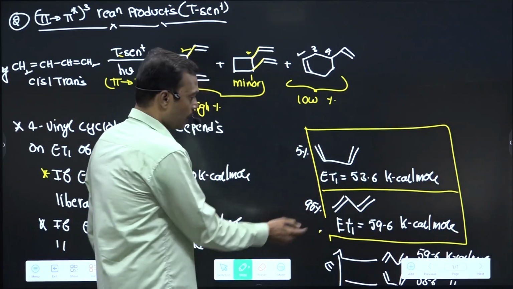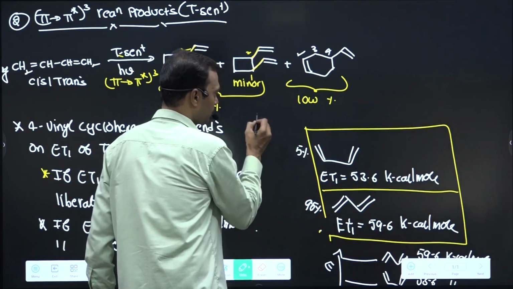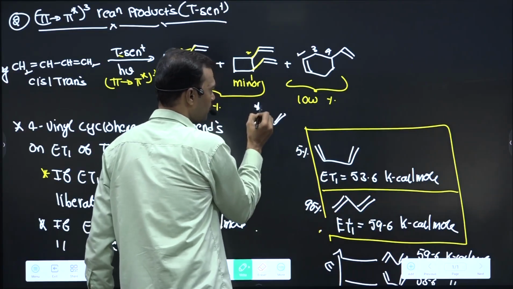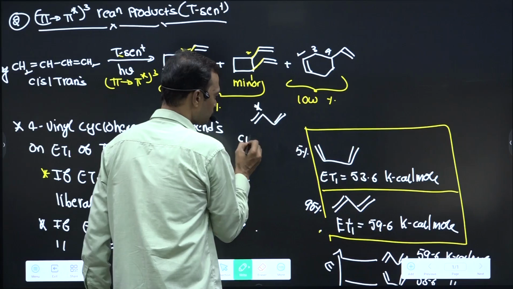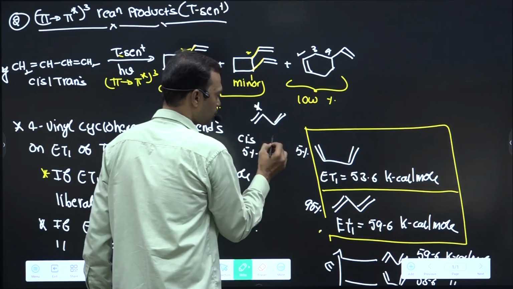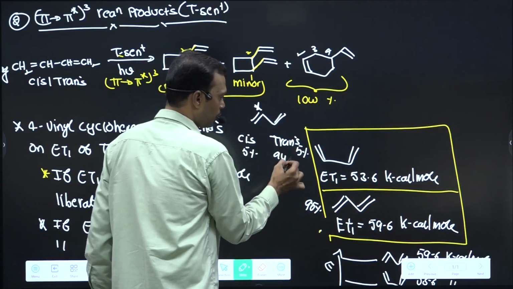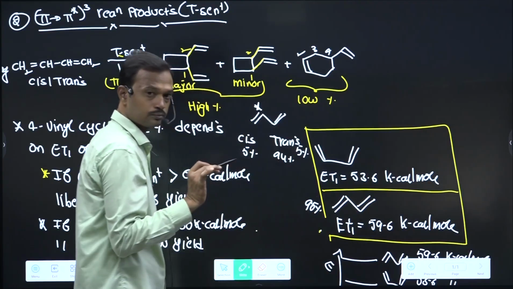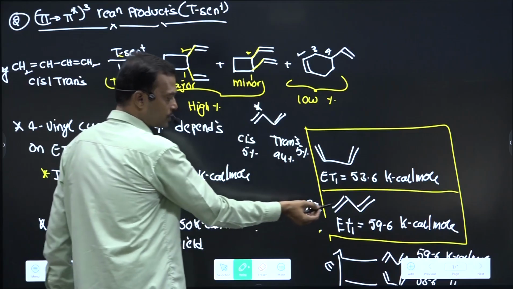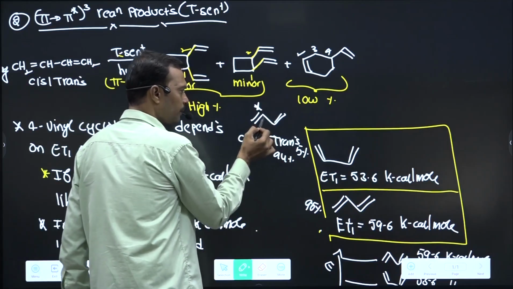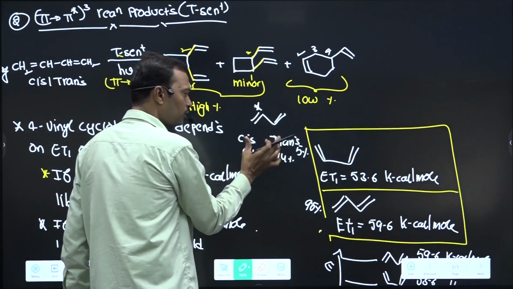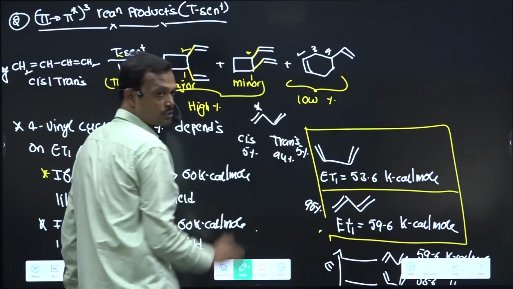See, if one molecule of trans is activated, this is the activated trans, triplet state. What is the percentage of cis? 5%. What is the percentage of trans? 94, if you assume 100 molecules. In that, which is activated? Trans. Whichever is activated, the activated molecule combines with a ground state molecule having high population.